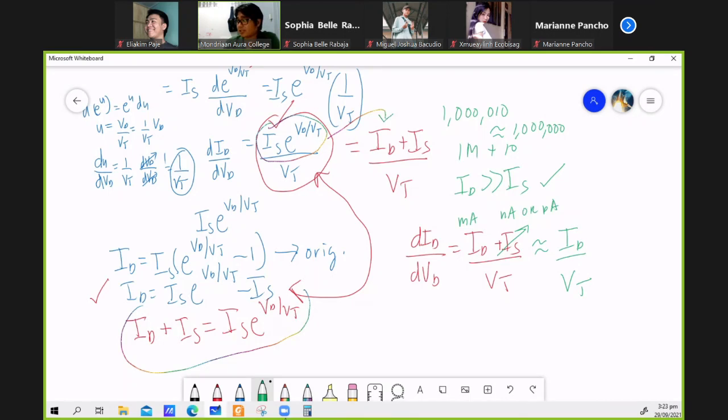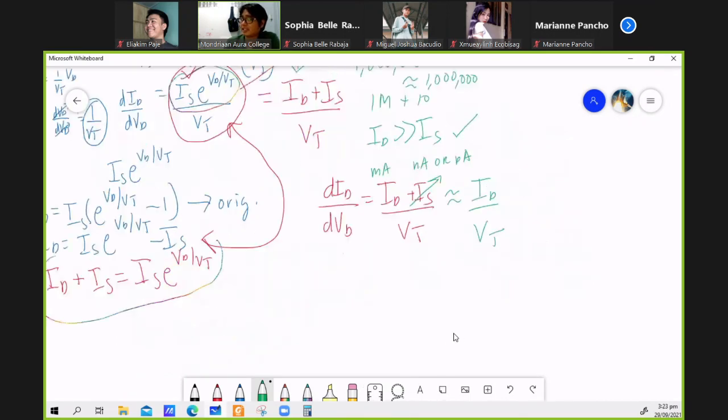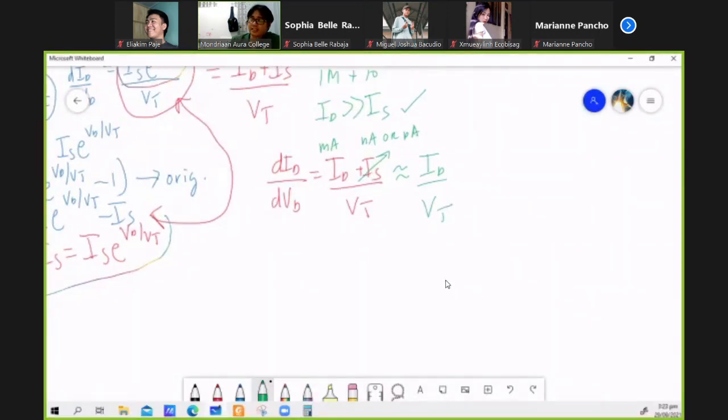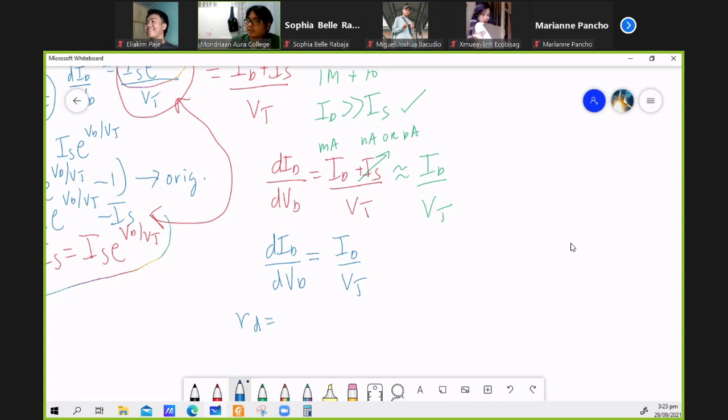Hindi pa dyan nagtatapos ulit. Kasi nga, AC resistance yung kinukuha natin eh. AC resistance ng diode. So we have derivative of ID with respect to dVD equals ID over VT. Okay, remember, AC resistance, R sub D, is equal to delta VD with respect to delta ID.